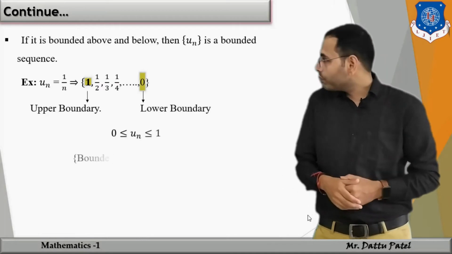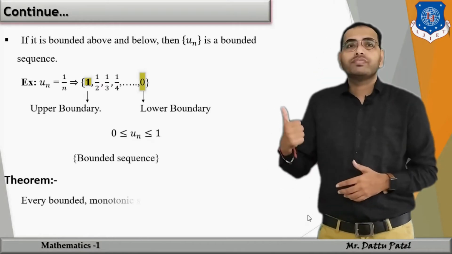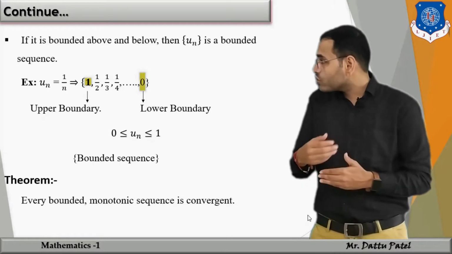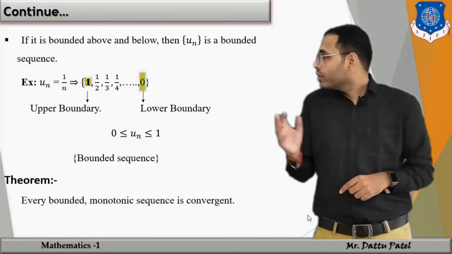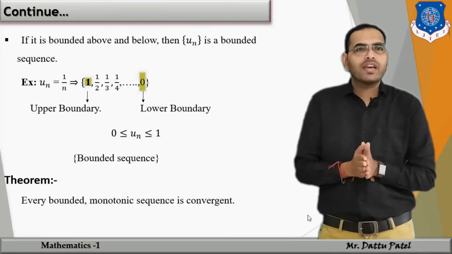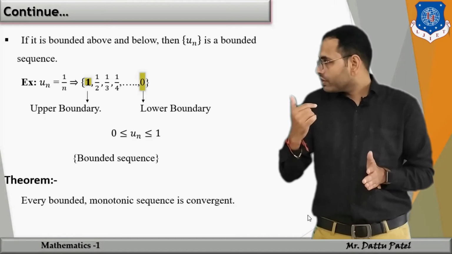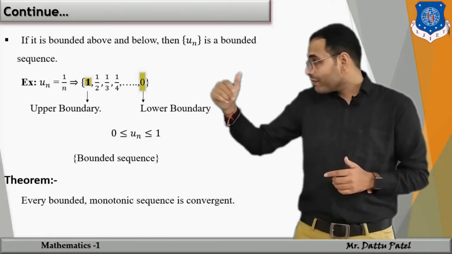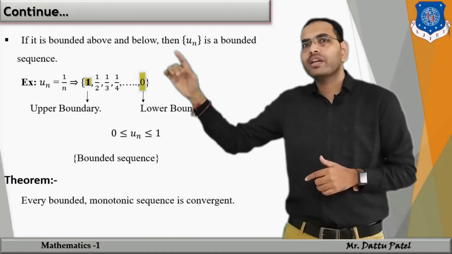Let's see one example of the u_n. Here u_n equals 1 upon n. Now substituting the values n equal to 1, 2, 3, 4 and so on, we get the values 1 by 2, 1 by 3, 1 by 4 and so on. Whenever we put infinity, 1 upon infinity is 0.